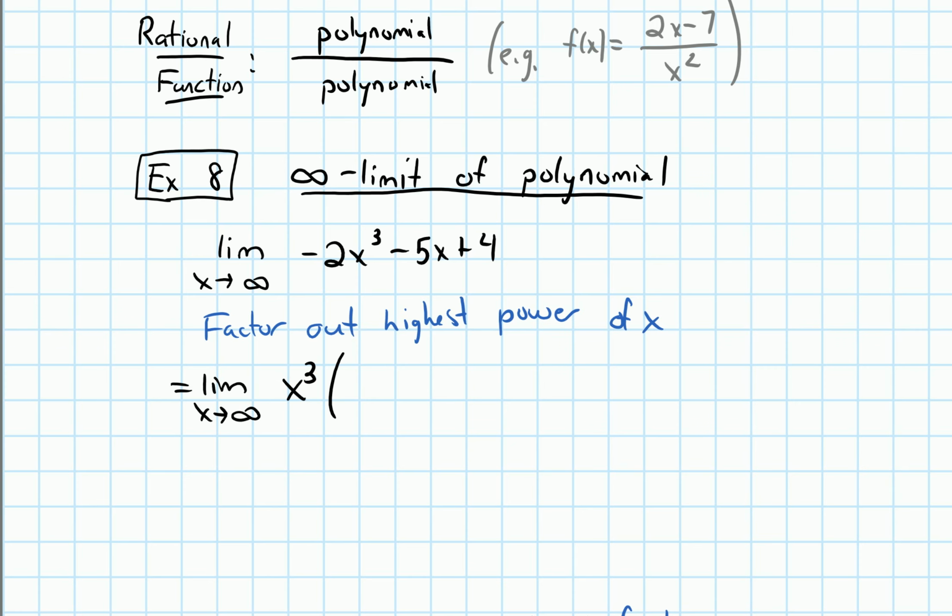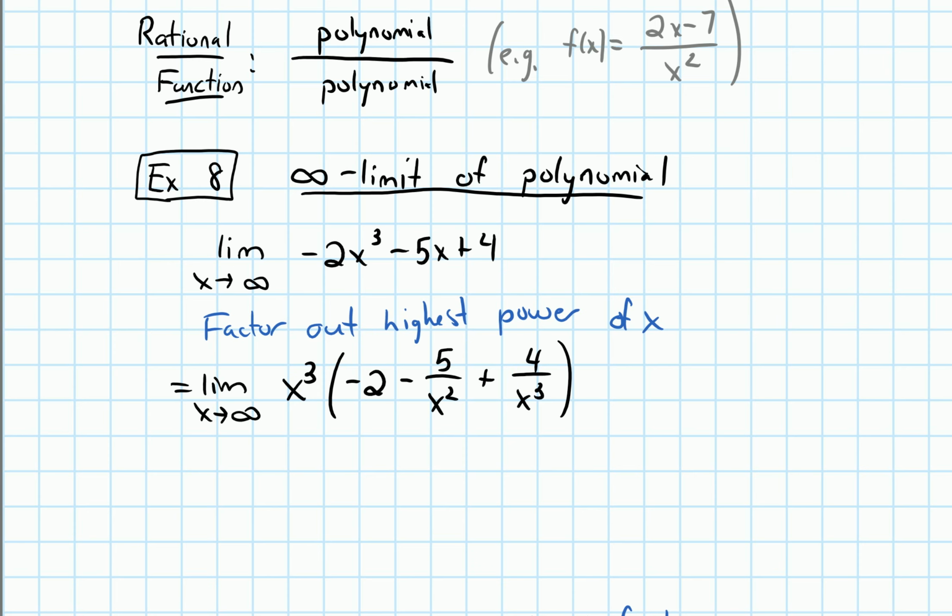If we factor that out, we'll be left with negative 2, the next term, minus 5 over x squared, and then from the 4, we'd end up with 4 over x cubed. We could check this: if we were to distribute x cubed back into each of these terms, we'd get what we started with.